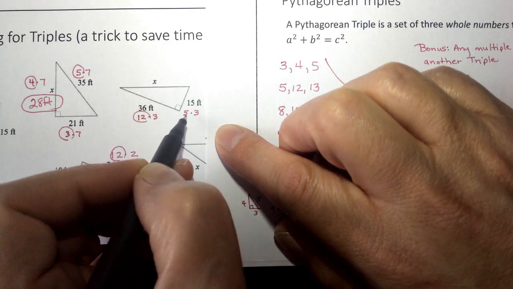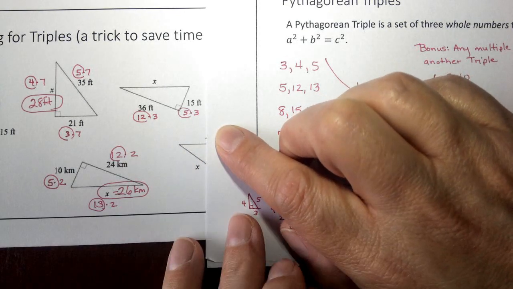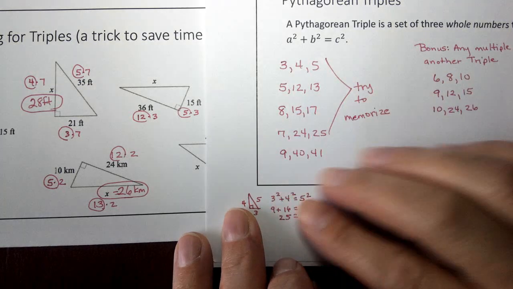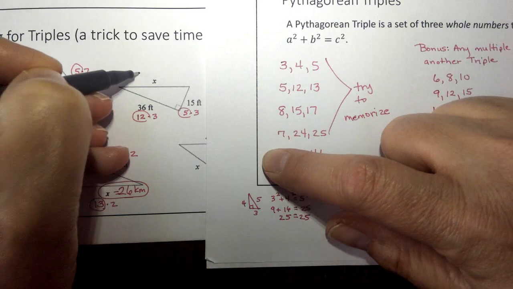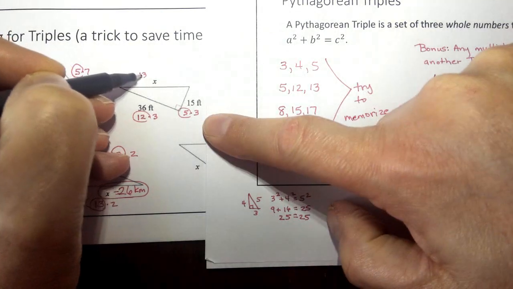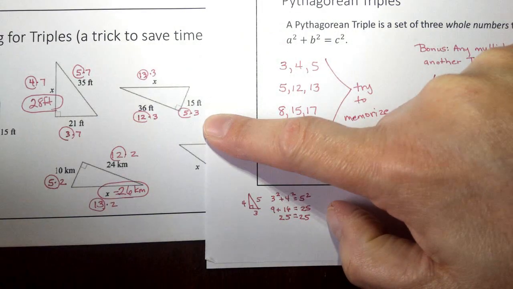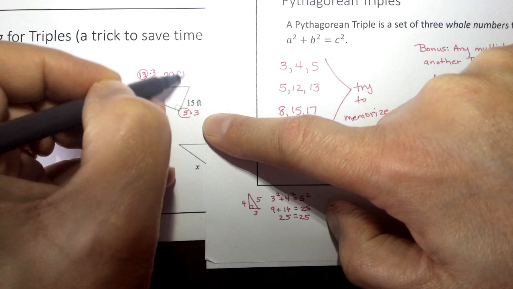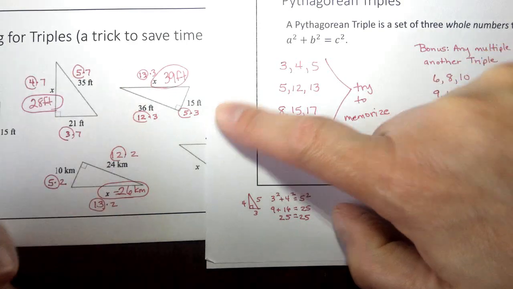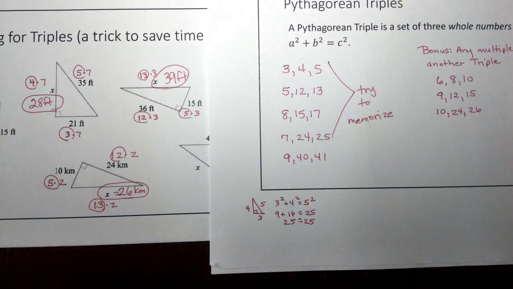So we got the 12 and the 5 as the uncommon numbers. 5, 12, 13 again. We're going to use that same triple. So that means the third side is 13 times 3, which is 39 feet. Final answer, 39 feet.